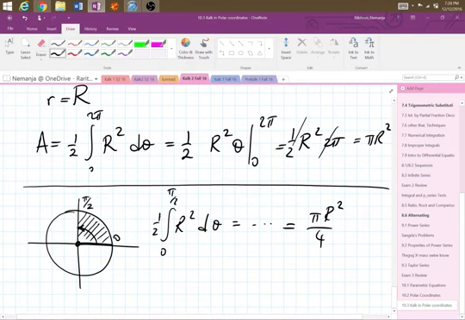You can calculate the area of that circle in any position because you're going to start with a different lower limit. If you want to compute the third quadrant area, you will start at pi and go to 3 pi over 2. You're going to get exactly the same value because the area is the same anywhere.